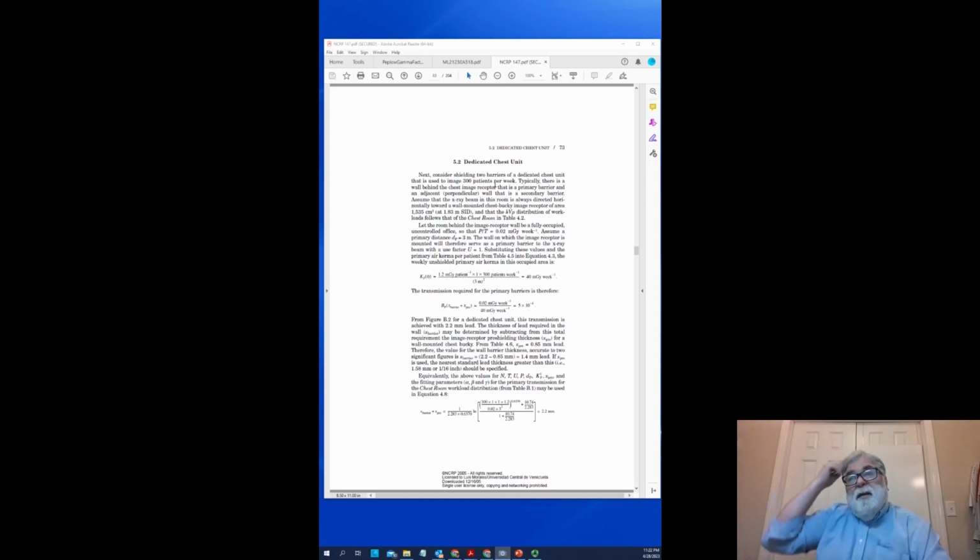So now we have to make some decisions. What's the use factor? Well, this is a dedicated chest room. The use factor is in that direction. It doesn't do a bunch of different procedures. What's the permissible dose rate here? Well, we're going to say this is an office. It's an uncontrolled area. And P is 0.02 per week.